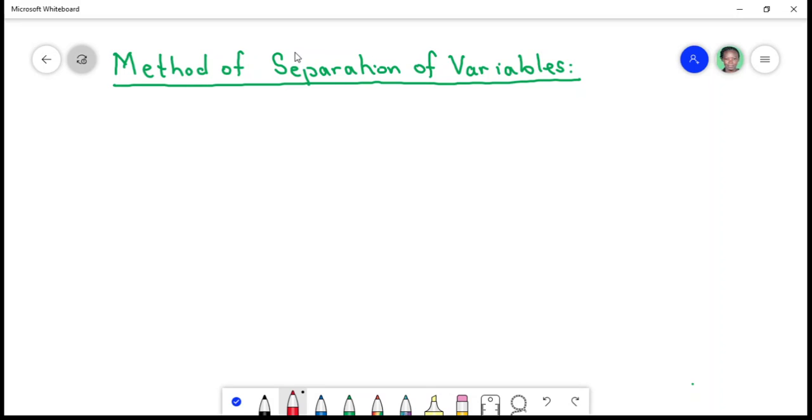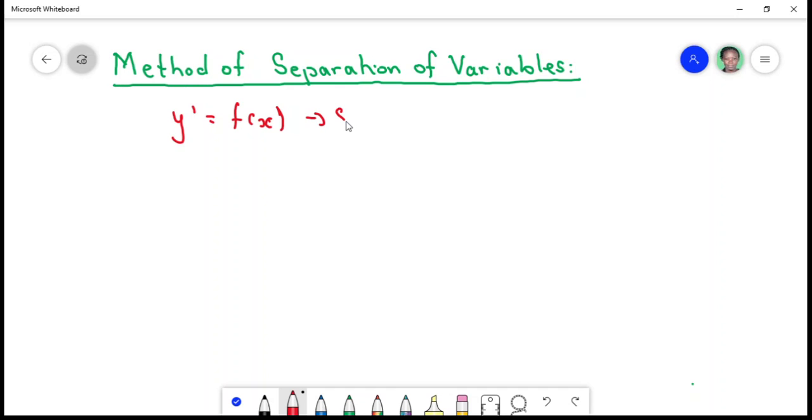We know the simplest type of differential equation is y prime equal to f of x.